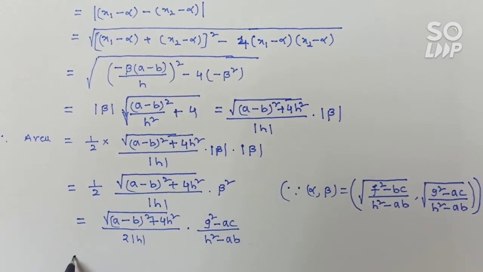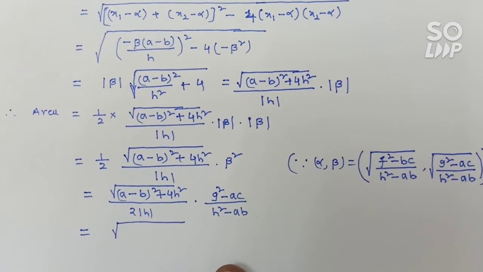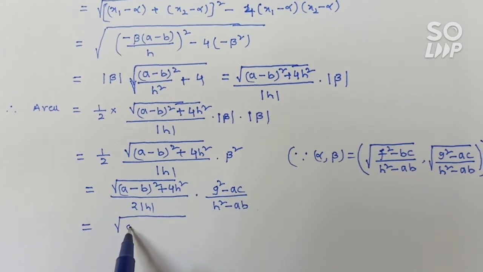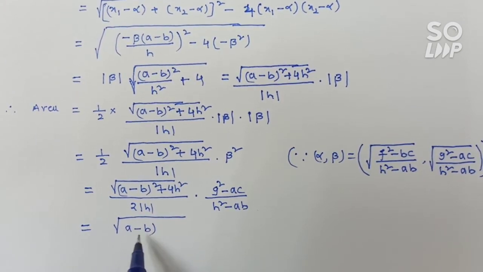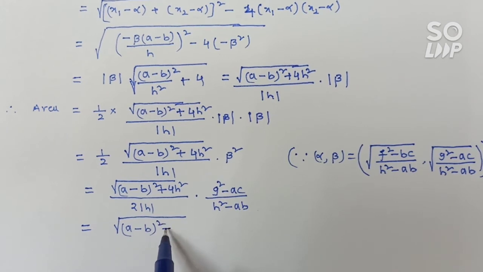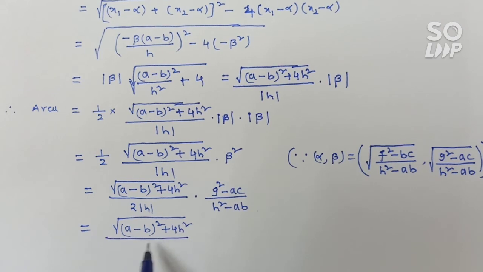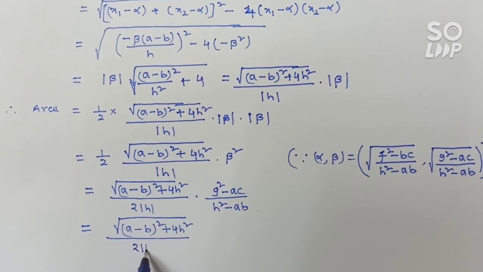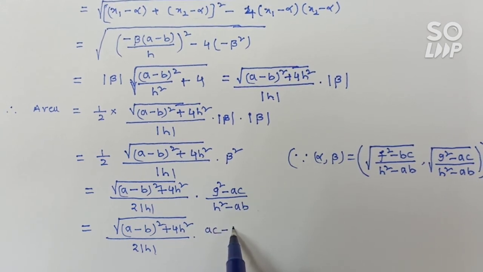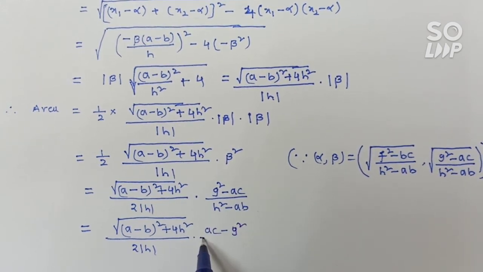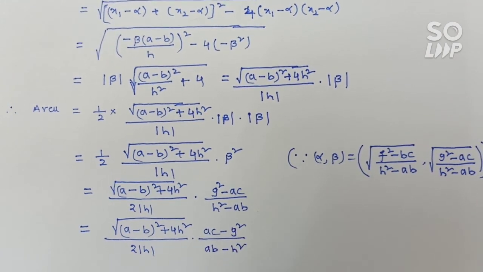So that is equal to square root of (a minus b) whole square plus 4 into h square whole divided by 2 into modulus of h into (ac minus g square) whole divided by (ab minus h square). So this is that required value.